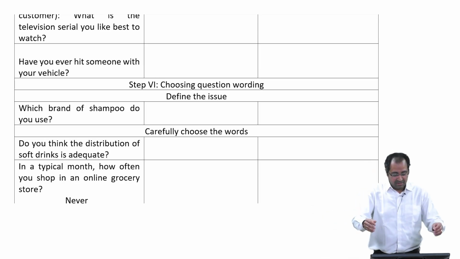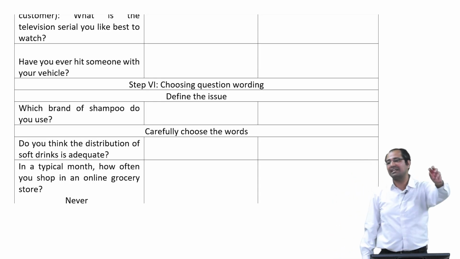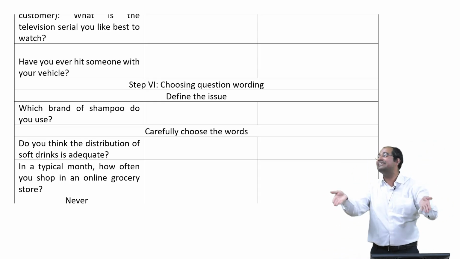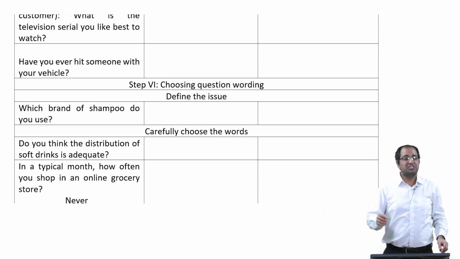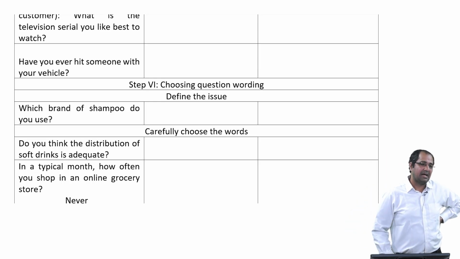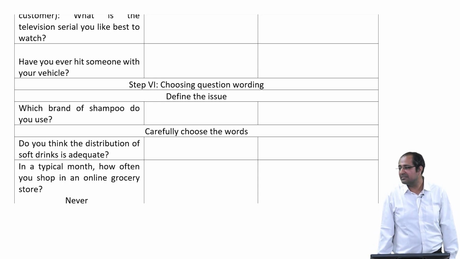Then you ask, have you ever hit someone? You see the numbers are 80%. If I have, you will at least try to give the right answer. You would not lie because of this. So sometimes you would have to do that. Otherwise, this is a sensitive question, and you won't get the right answer.